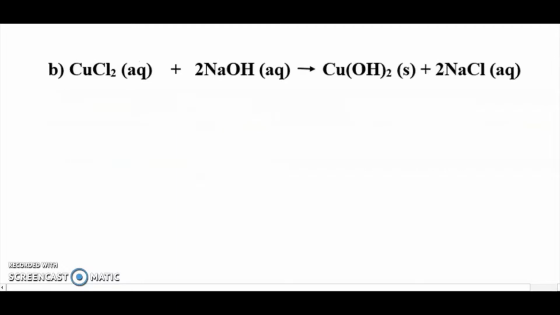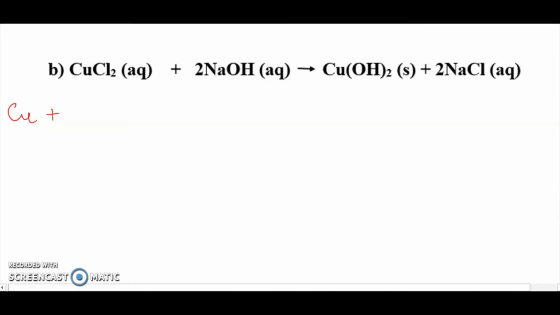Here we have copper 2 chloride aqueous plus sodium hydroxide aqueous to form copper 2 hydroxide solid plus sodium chloride aqueous. So let's start by splitting up the ions. Again, we have Cu. Now, what charge shall we put for copper?